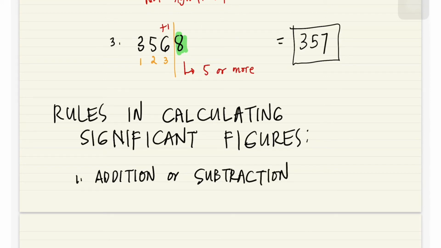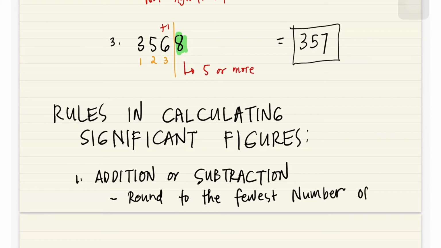Addition and subtraction. Now, the rule is round to the fewest number of decimal places.